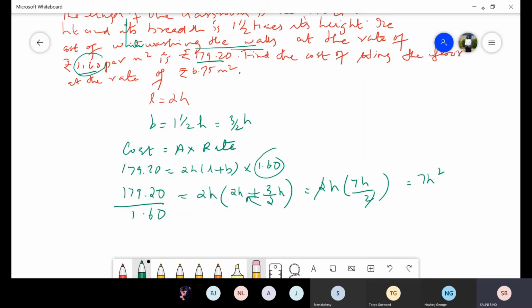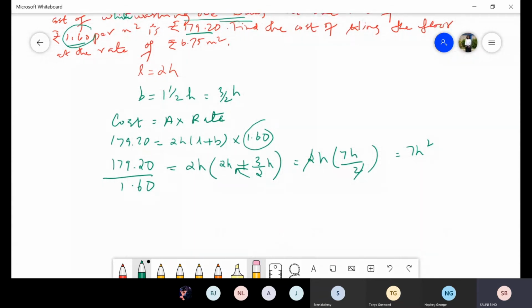And now what about 179.20 by 1.60? See, here we have after decimal 2 places, denominator also 2 places. So you can take as a whole 17920 by 160. Simplify.